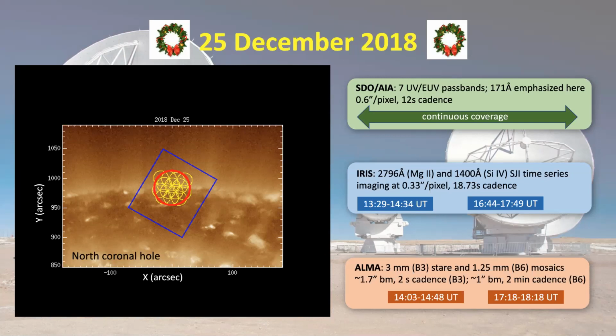So our effective cadence was about 2 minutes, whereas for the 3 millimeter observing, it was 2 seconds. And therefore we were able to look at spicule kinematics in the 3 millimeter band, but we were under-resolved in the temporal domain, as it turns out, in band 6.